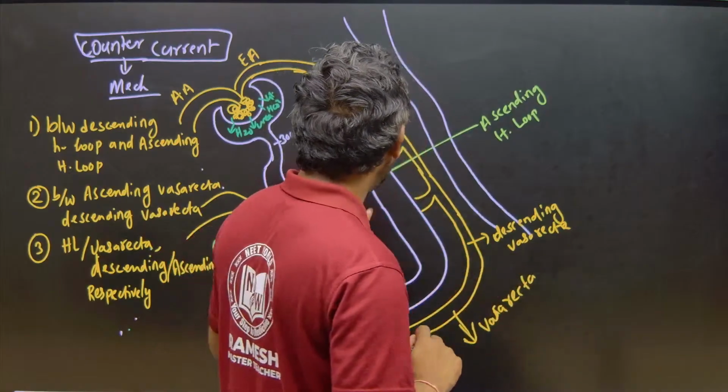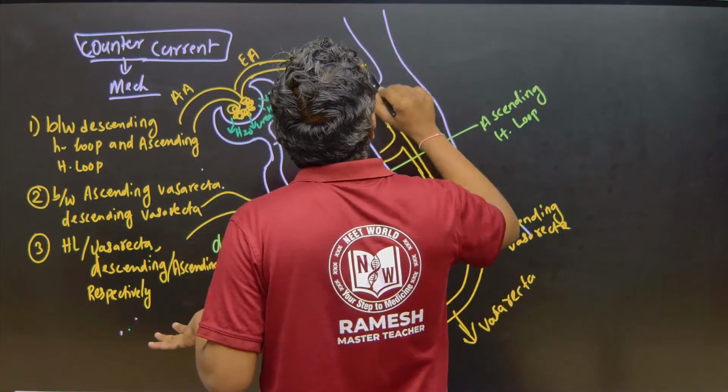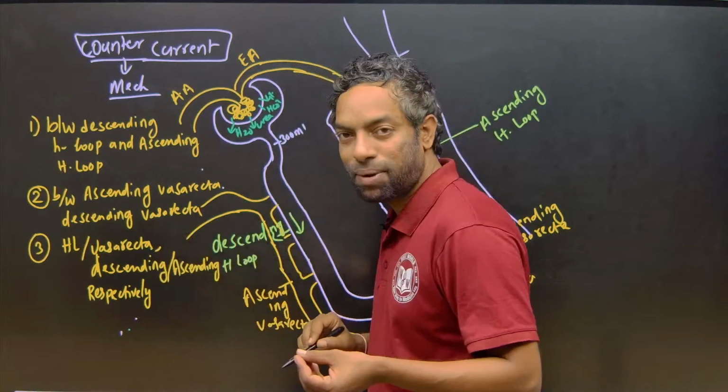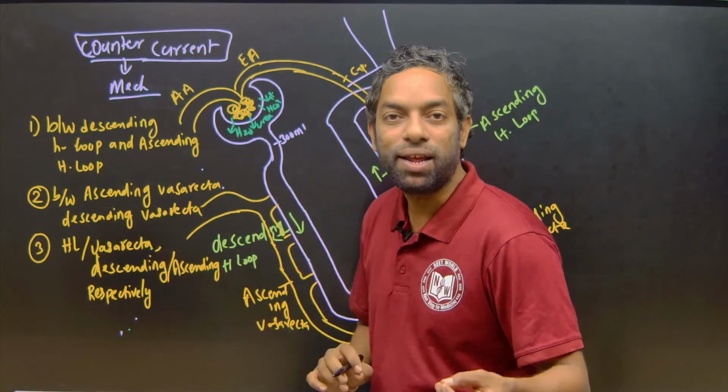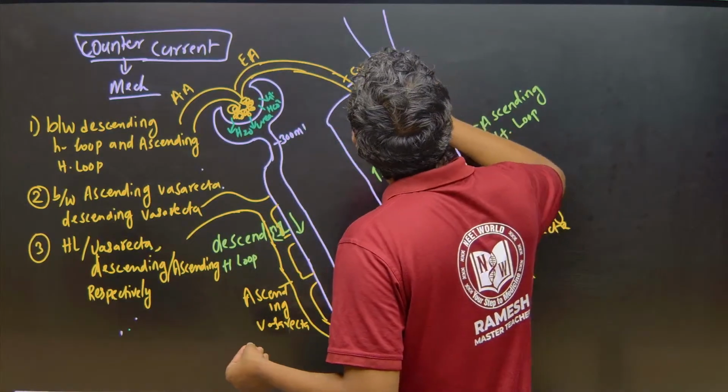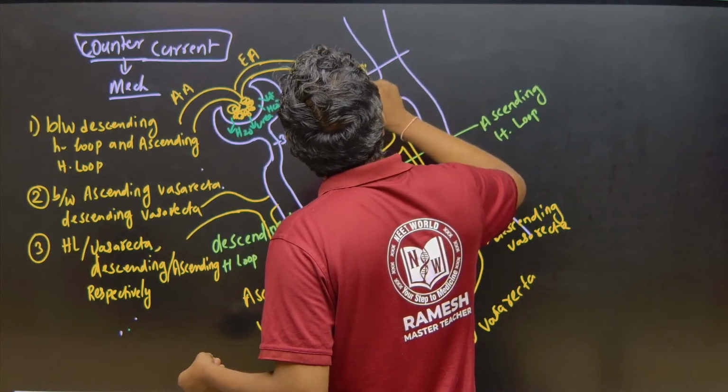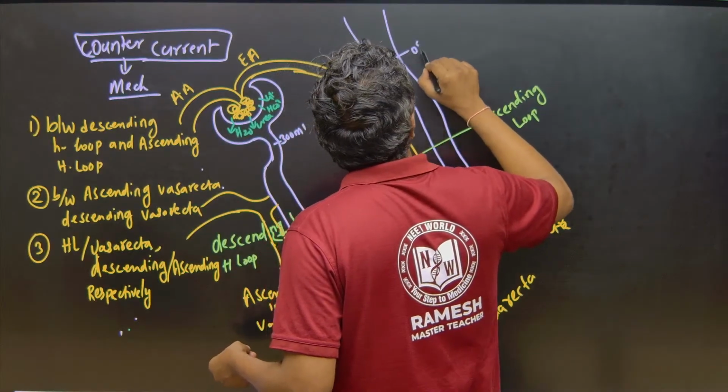If we come to the blood, in the descending Vasa recta capillary, there is also 300 osmolarity.